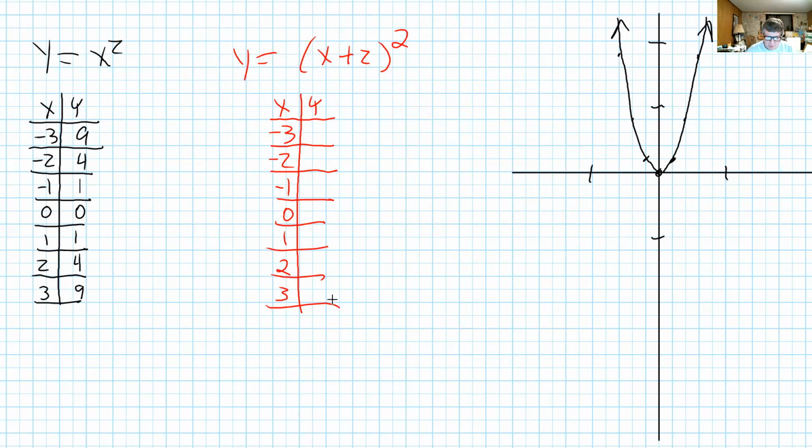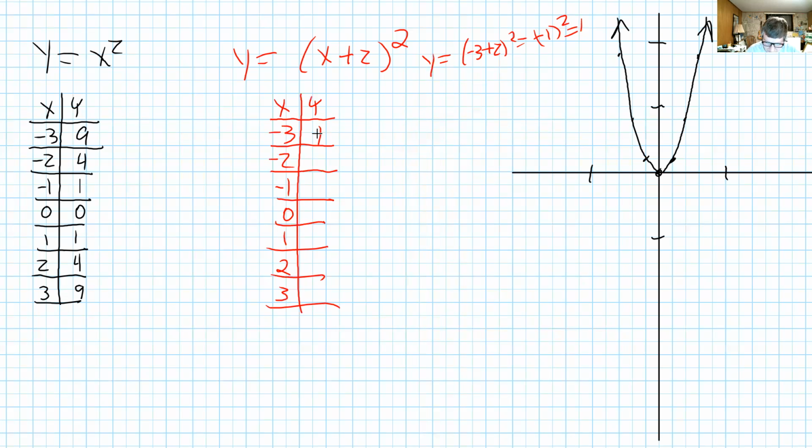All right, so order of operations. When x is -3, we'd get y equals -3 plus 2, the quantity squared, which is -1, the quantity squared, which is 1.